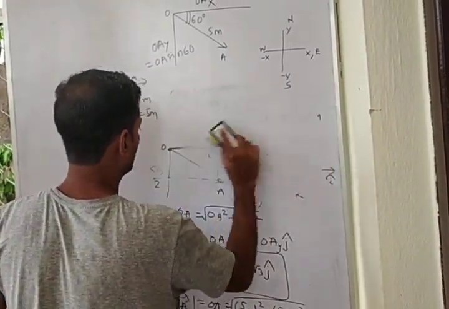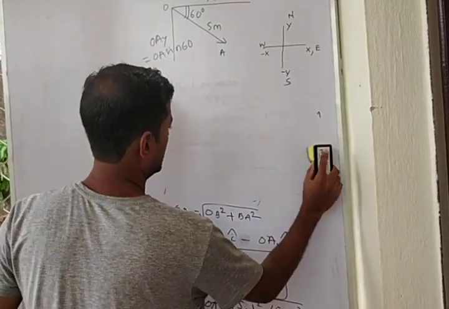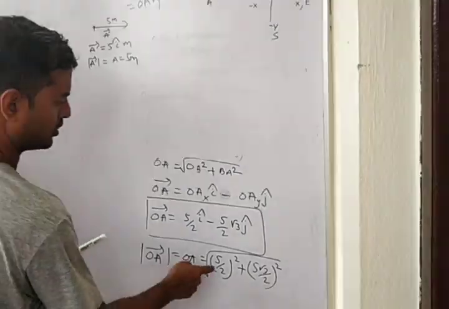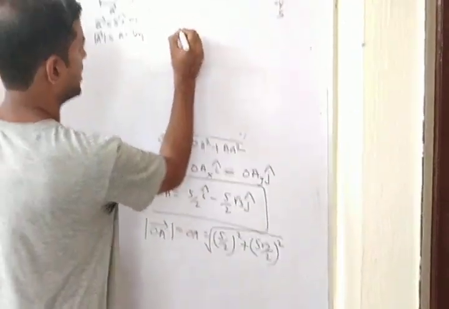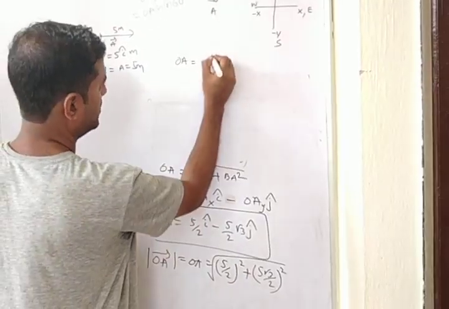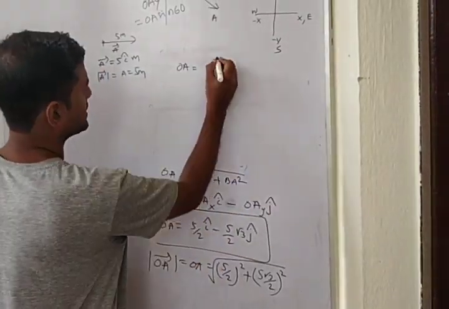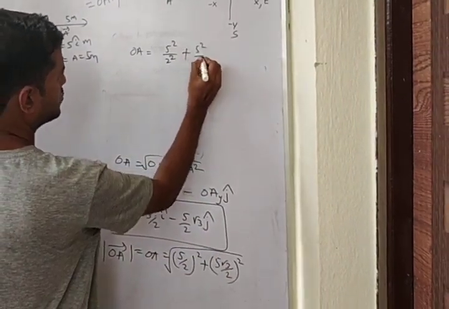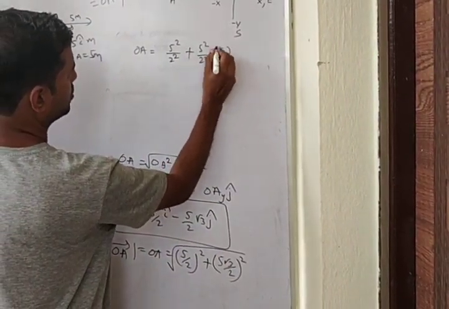I am interested to calculate the magnitude of OA in reverse way so that I can check. So OA vector equal to 5 by 2 square, 5 root 3 by 2 square. So I am taking OA equal to square root of 5 square by 2 square plus 5 square by 2 square times root 3 whole square.